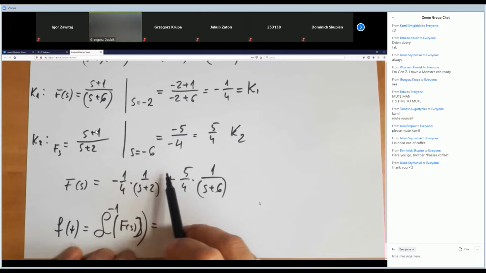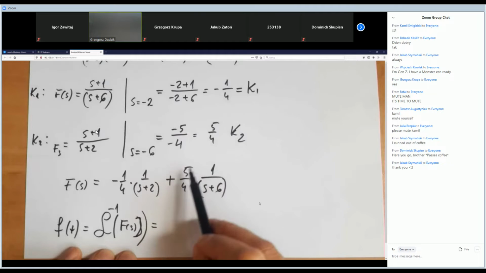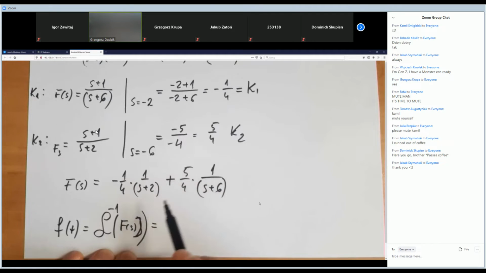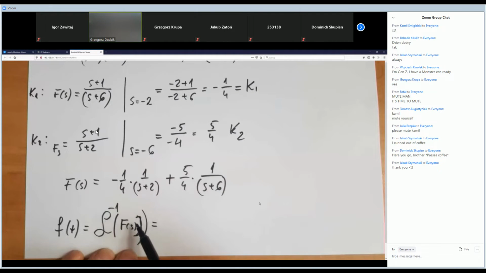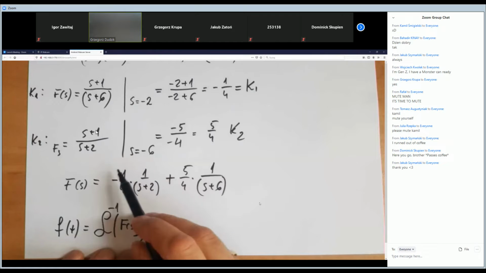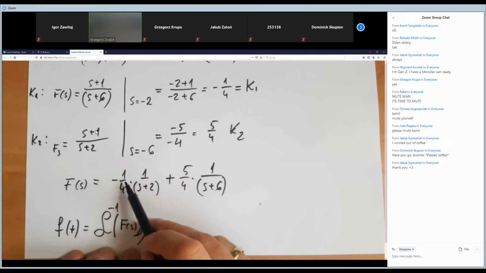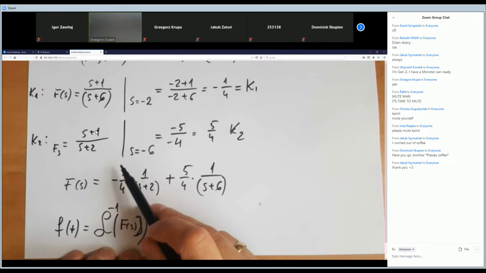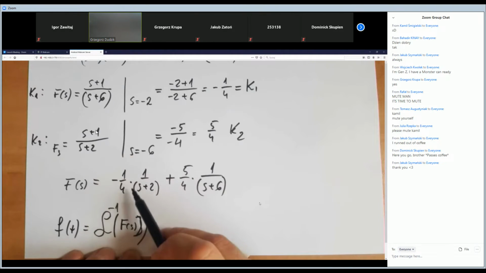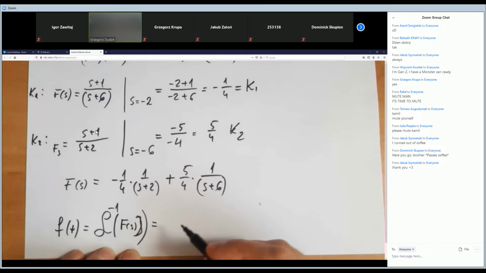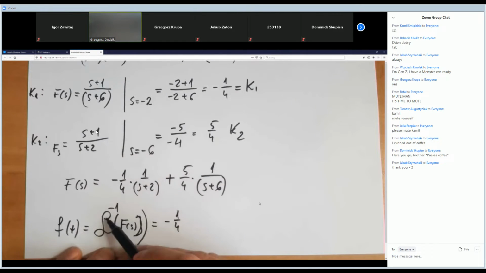As you see, we have the sum of two components, and we have to find the inverse Laplace transform of each component separately. Minus 1/4 is a constant value; we don't have s here. So it goes before the inverse Laplace transform.